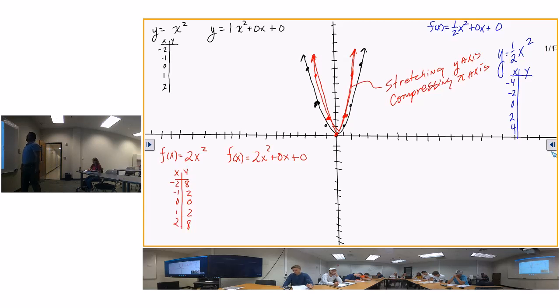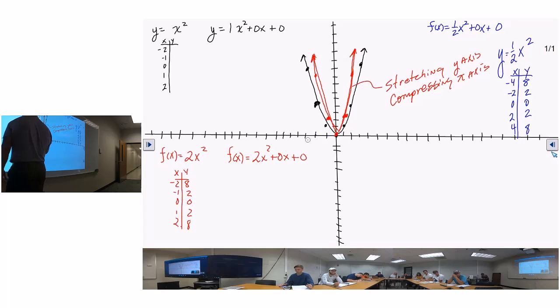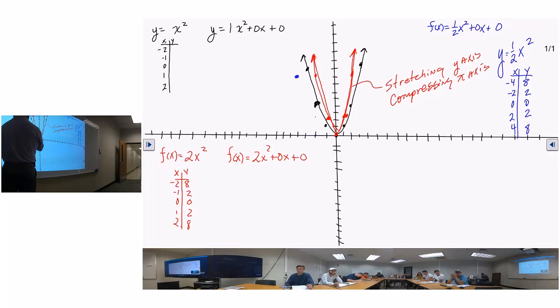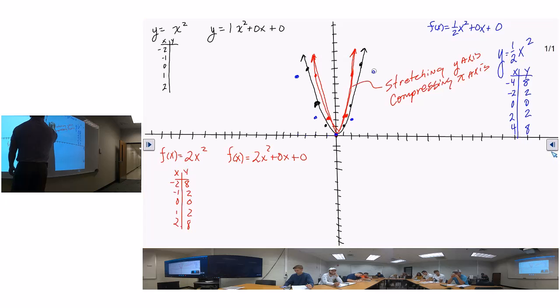So what's 4 squared? 16. And that's going to be 8. -2 squared, 4, 2. 0, 0. 2 and 2. 4 and 8.